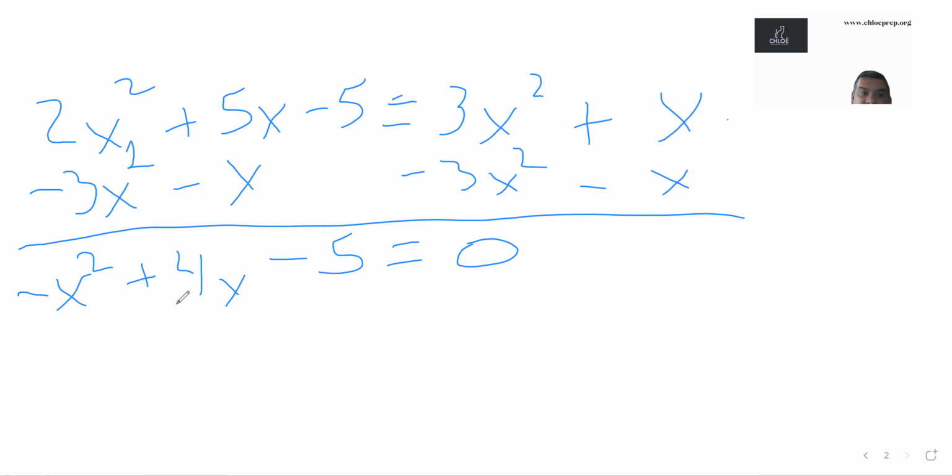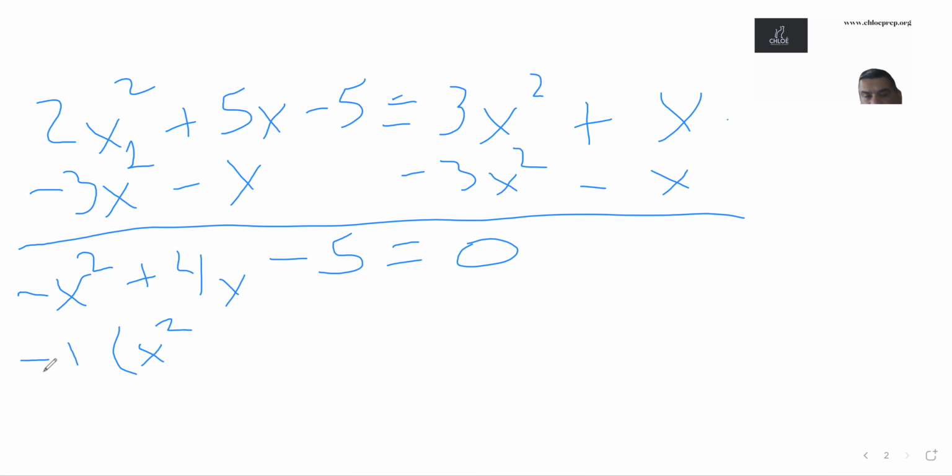If we factor out -1, and everything else was in parentheses, we actually changed that to x squared.